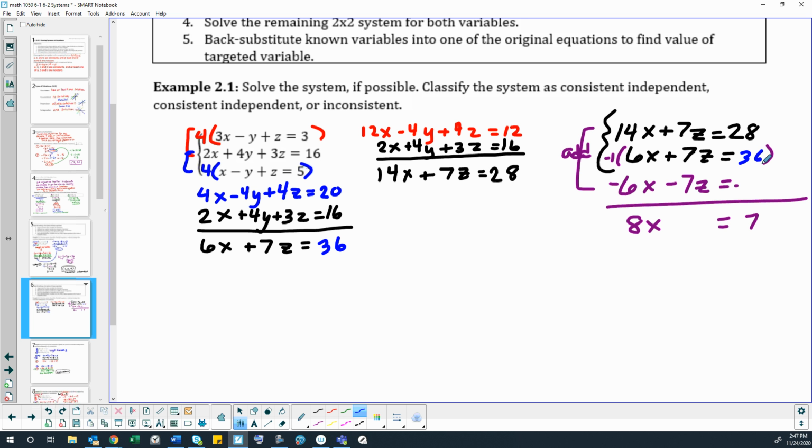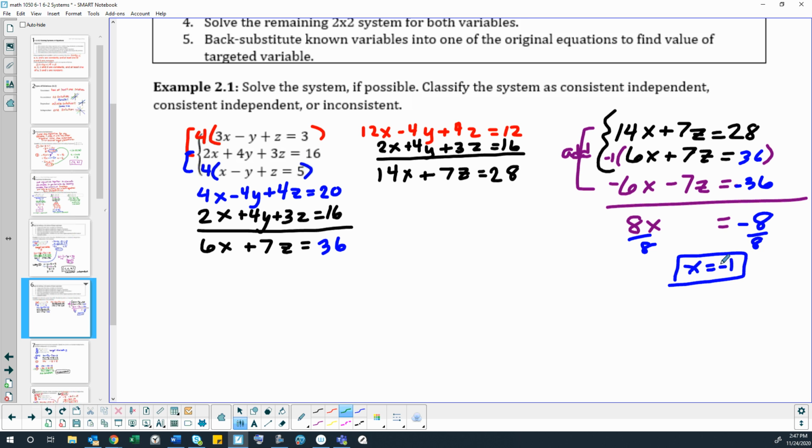So 36 and negative 36, and we're adding our 28 and our negative 36 together, which gives us a much better answer of negative 8. So then we divide both sides by 8, and we get x equals negative 1. Whew! I mean, you can get fraction answers, but it is just not going to be a happy ending if we were to have a fraction at this point in the game.